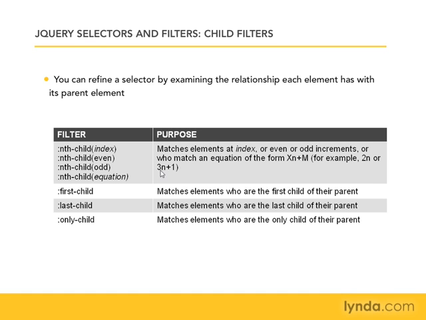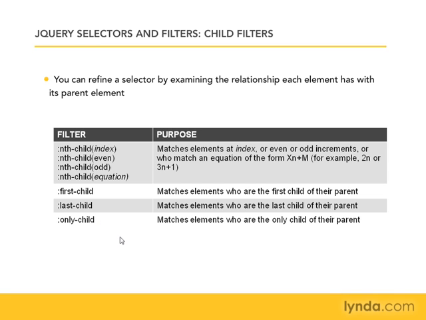And then this equation will be calculated, and then that will be the index of the element that gets selected, and we'll see an example of that in a moment. And then finally, there's a few other options. There's first child, which will match elements who are the first child of their parent, and then predictably there's last and only, and those will match elements who are the last child of their parent or the only child of their parent.